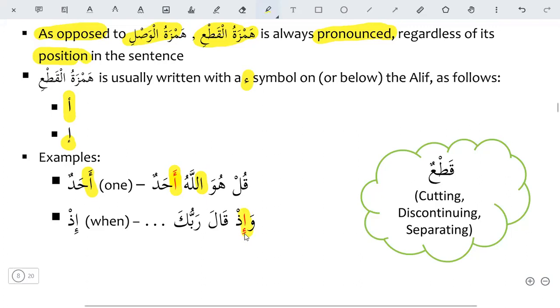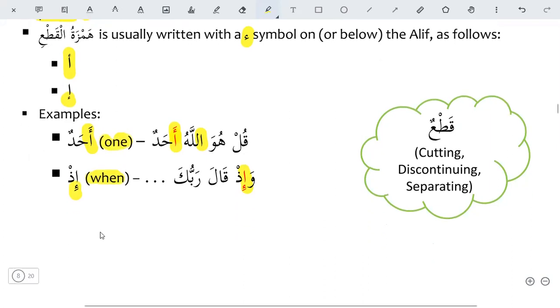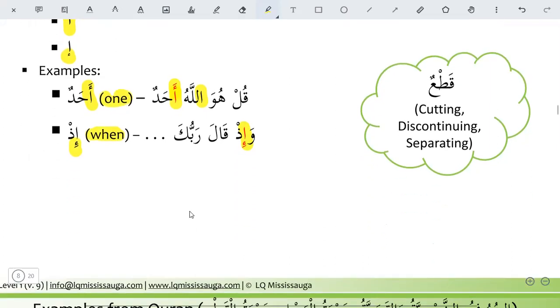This Hamza is separating this waw, so we must pronounce it. Idh means when. Ahadun, one. So this is the difference between the Hamzatul Wasl and Hamzatul Qat'i.